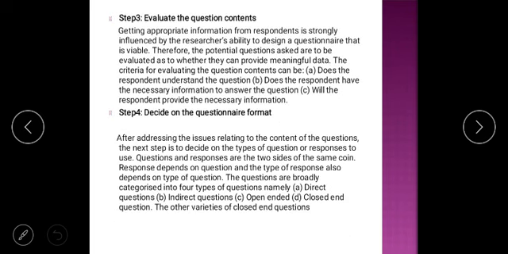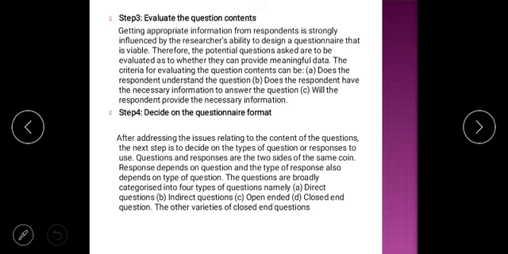The next step is to evaluate the question contents. Once the researcher is ready with the questions, he cannot directly go to the respondents in the first shot itself. He has to check them before reaching the respondent. He must check whether the respondent understands the question, or whether they are confused in giving the answer.